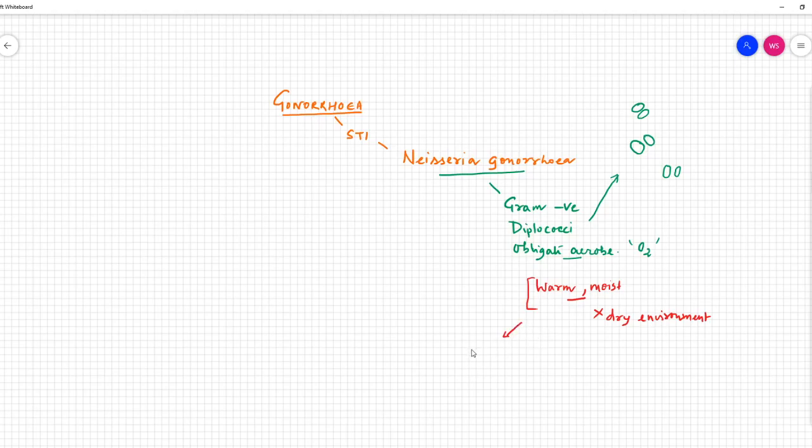So that's why it colonizes the mucous membranes. The mucous membranes give it a warm, moist environment, protect it from extreme dry conditions and extreme heat. It cannot survive in extreme heat. So that's a very good environment where it can survive, and therefore it is found in that particular area.